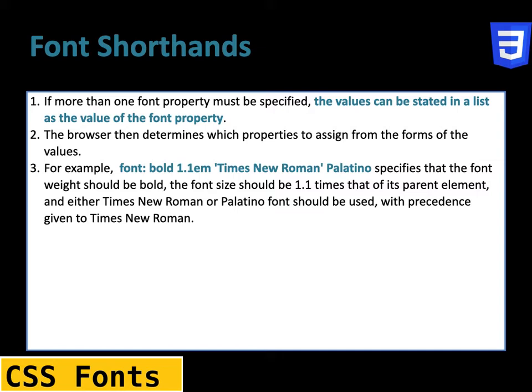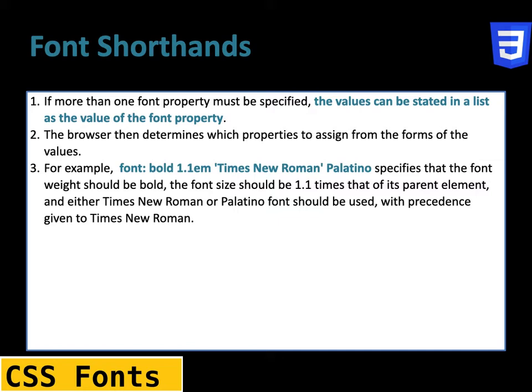One example is given here: font colon bold space 1.1 em space Times New Roman space Palatino. That specifies the font weight should be bold. The font size should be 1.1 times that of its parent element, and either Times New Roman or Palatino font should be used, with precedence given to Times New Roman.